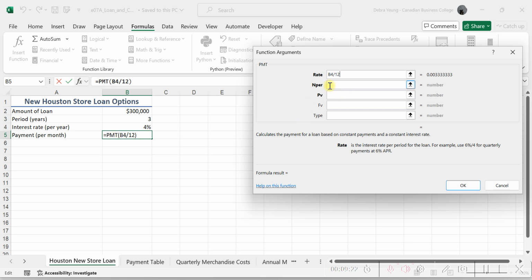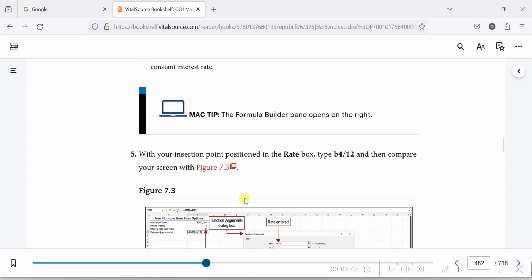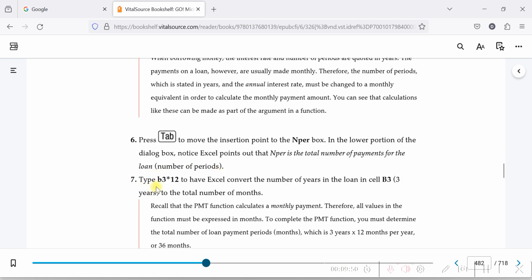Speaking of number of payments, how many are there? We've got 3 years. So we're going to do the same thing. 3 years, and every year has 12 monthly payments. So it's 3 times 12. So 12, 24, 36. Oh, that's right.